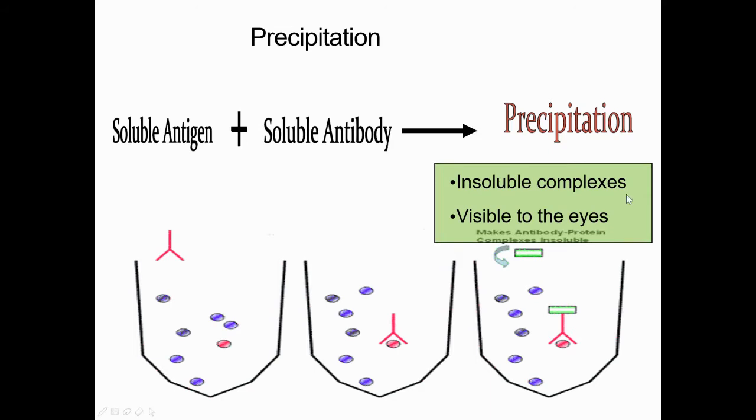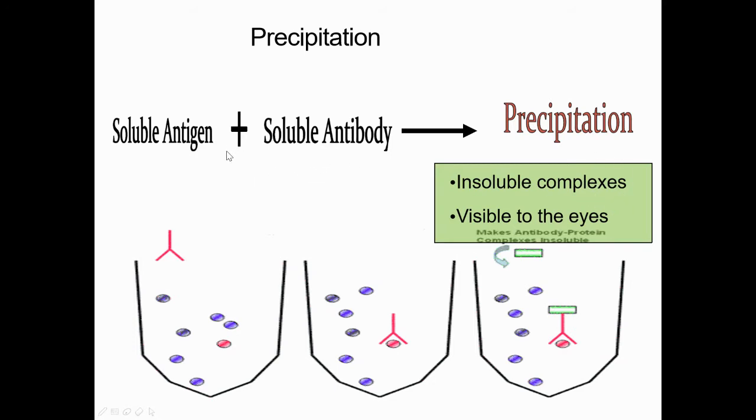So if you see the antigen-antibody reaction in the gel medium, it appears as a distinct band of precipitation. Which gel will be used? We prefer agar gel or agarose gel.